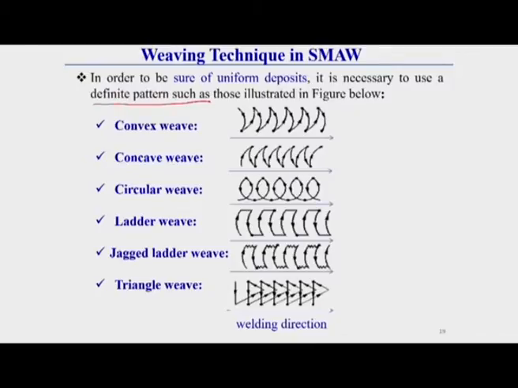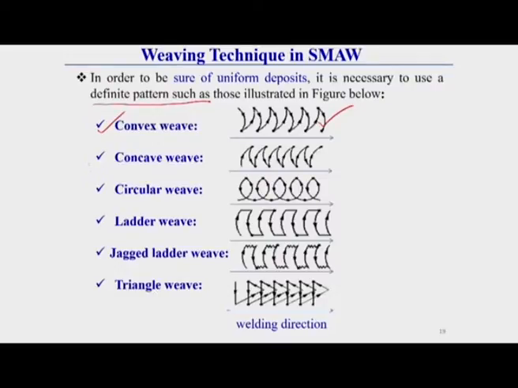Here I am showing 6 different weaving patterns which are widely used. One is called convex weaving. Here you see the arrows represent the movement of the electrode, how the movement should be. This is called convex weaving.